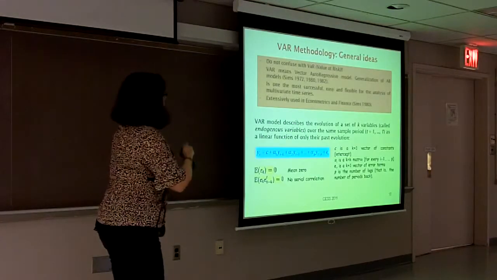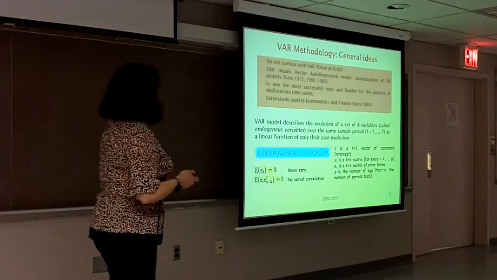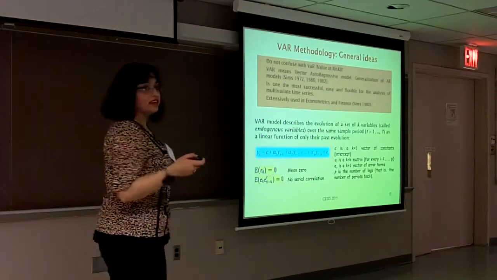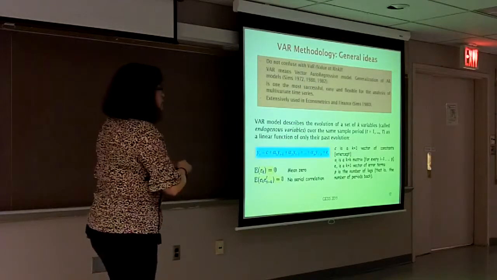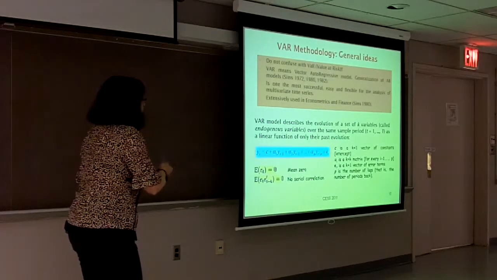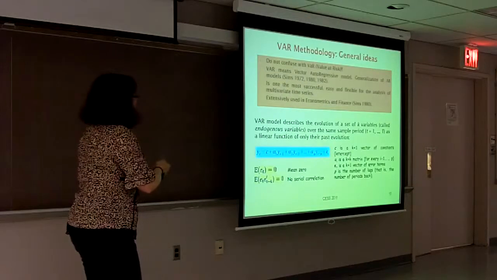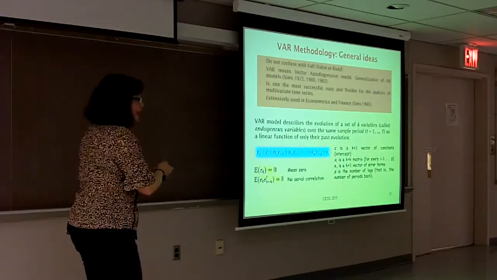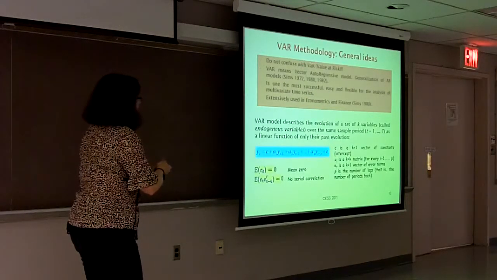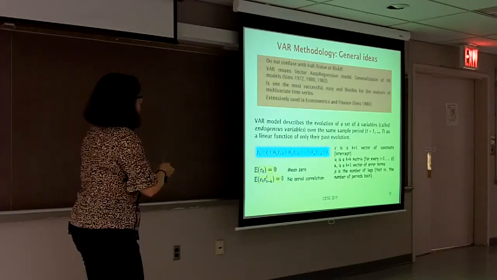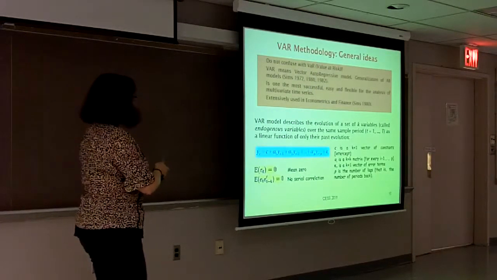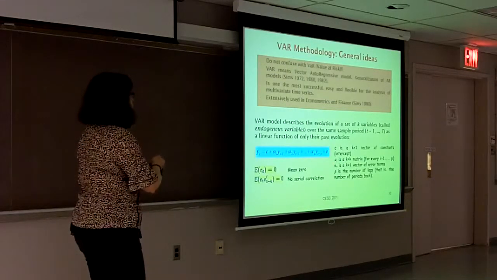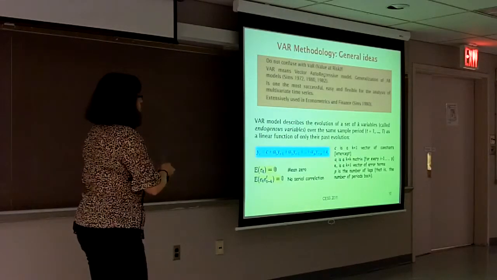So let's start with the VAR methodology. The general idea of this methodology is, first of all, please don't confuse it with another VAR. It sounds the same way, but it's written differently, because that VAR is value at risk, which is about finance, and is not applying this kind of technique. We are talking about VAR, which means the vector autoregressive model.